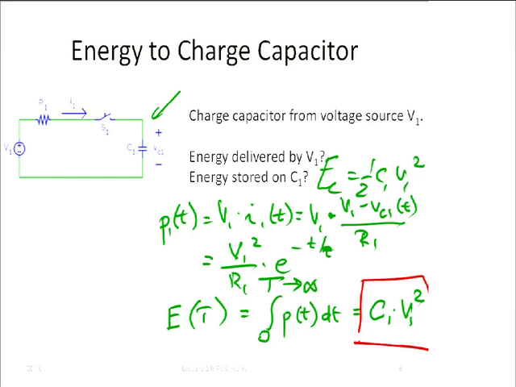If I have a very small resistor, the current is very large, but it flows for a relatively short time. If I have a very large resistor, then the current is very small, but it flows forever. And in the end, if you do these integrals, you get the same.